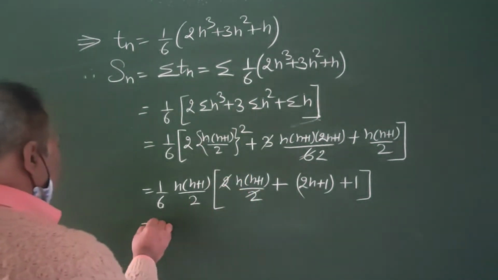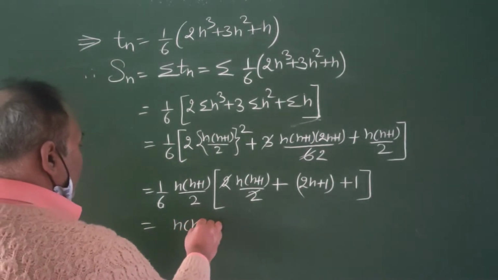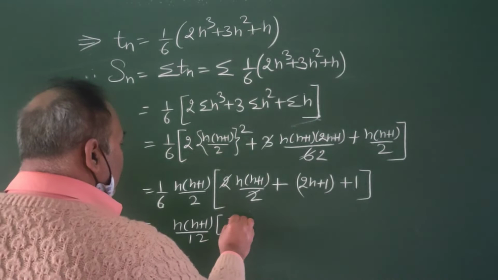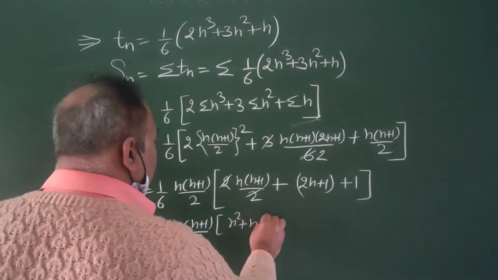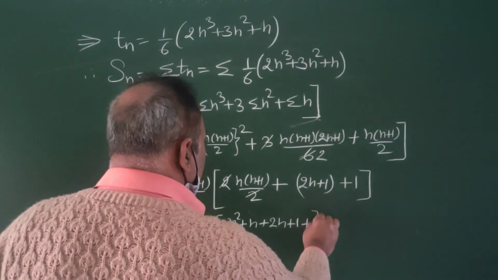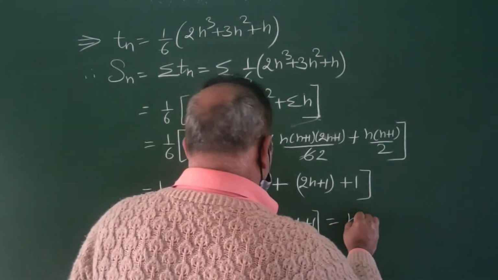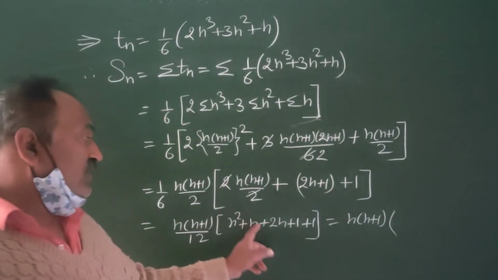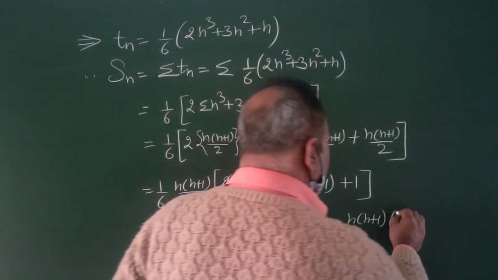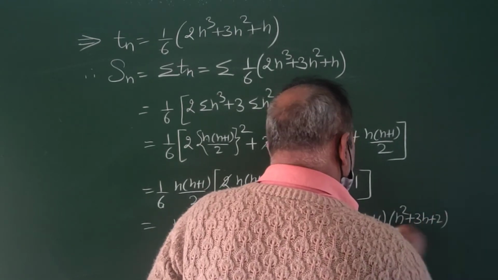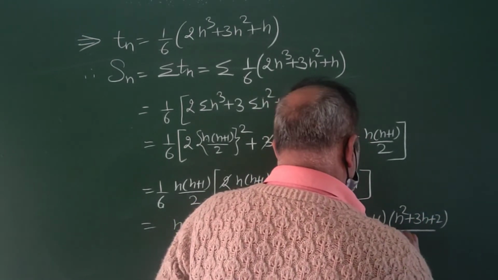Cutting, we get n into n plus 1 upon 12 into n square plus n plus 2n plus 1 plus 1, and that is n into n plus 1 into n square plus 3n plus 2 upon 12.